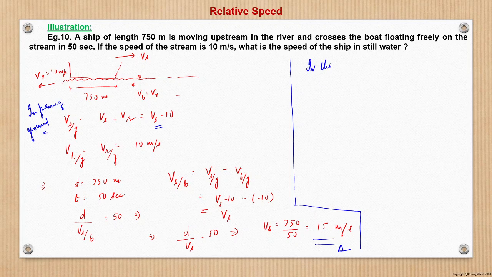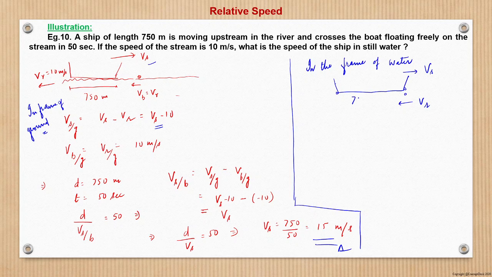Now it will be much easier if we see in the frame of water itself. So what happens now? There are two things. In frame of water, ship is moving at a speed of vs, and boat is moving at a speed of vr, right? So simply there are two objects moving. There is a ship which is moving at vs, and then a boat is here which is moving in this direction at vr.